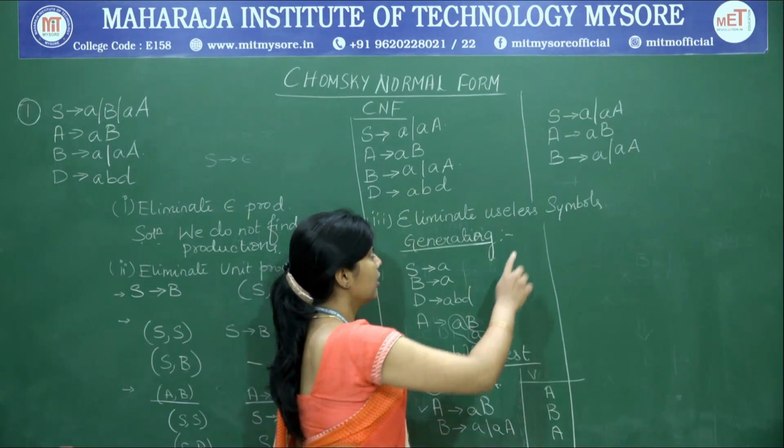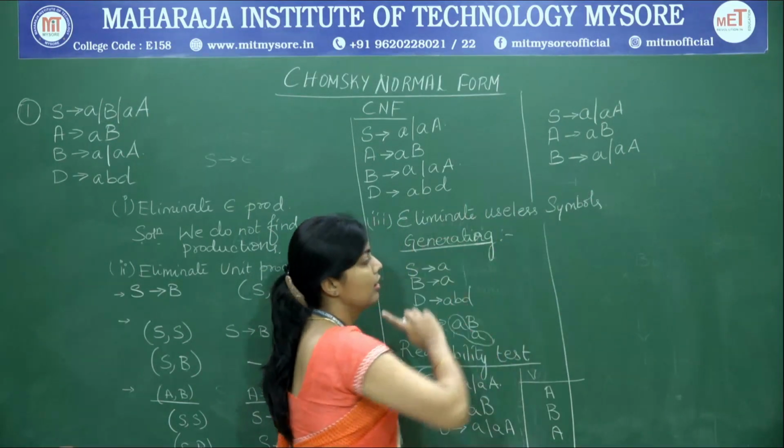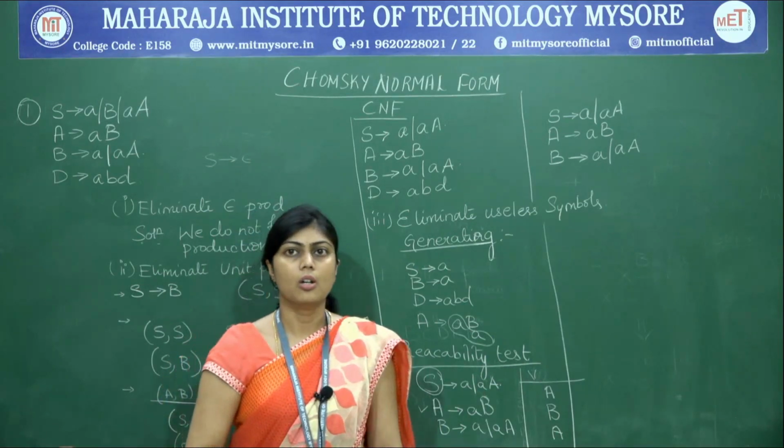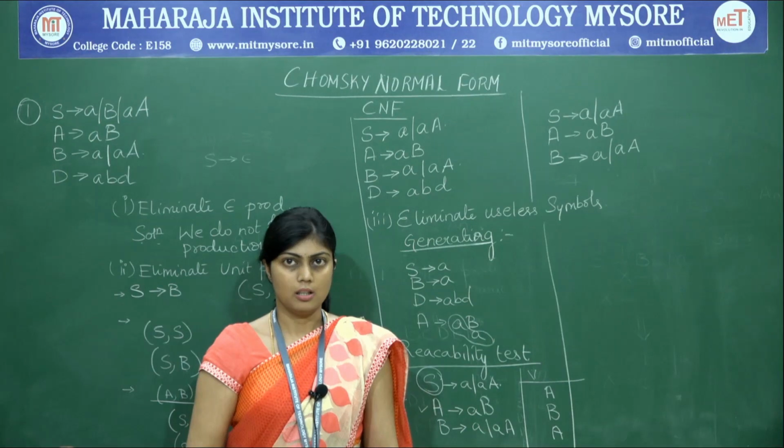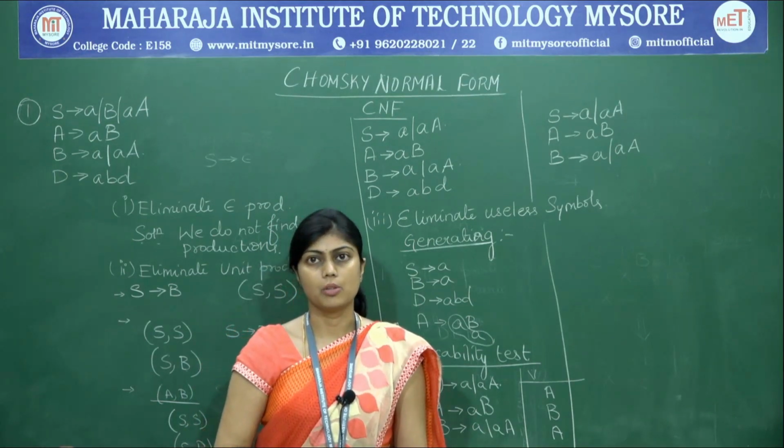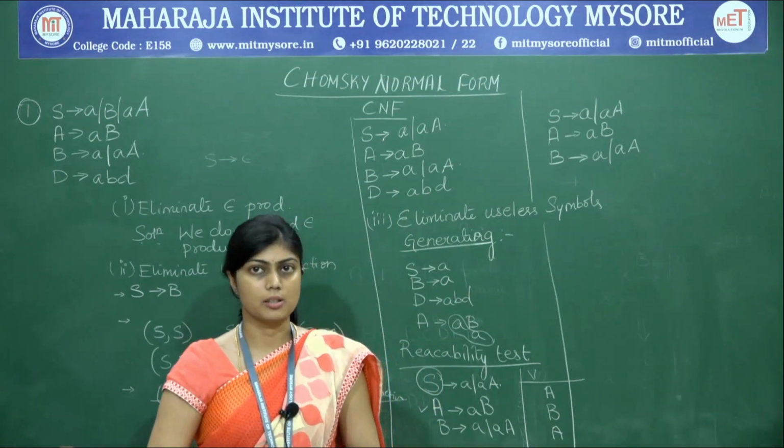So this is the result of the grammar after we have done all three kinds of elimination, that is elimination of the epsilon productions, elimination of the unit productions, and elimination of all the useless symbols.